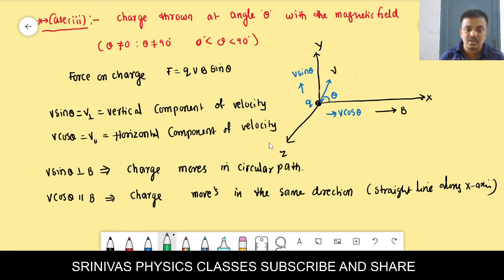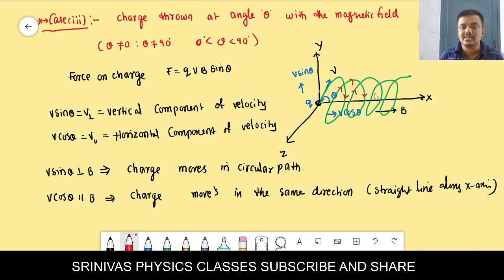Due to these two things, the charge will continue like this. It will go in a circular path and it will also go forward. It will go like this. This is the path followed by the charge in this case.